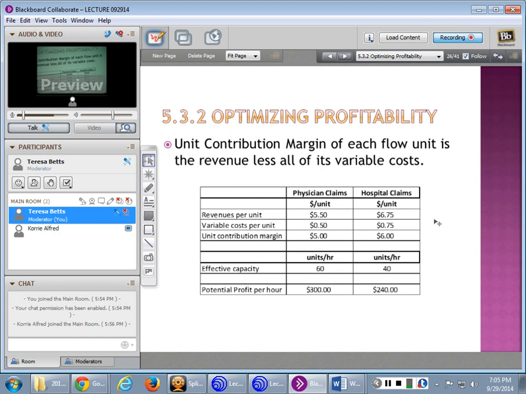And we know from our effective capacity that we can do 60 physician claims per hour and 40 hospital claims per hour. Okay? And so if that's the case, if I can do 60 of these per hour and 40 of those per hour, 60 times my contribution margin is $300, and 40 times my contribution margin is only $240. So it actually is more profitable for us to do physician claims.